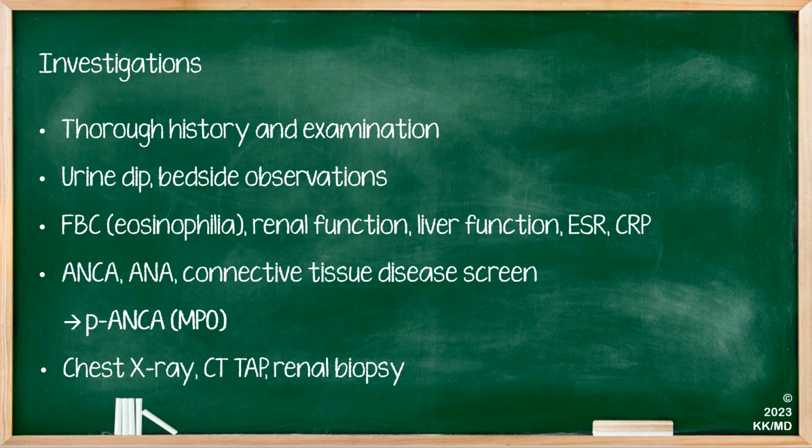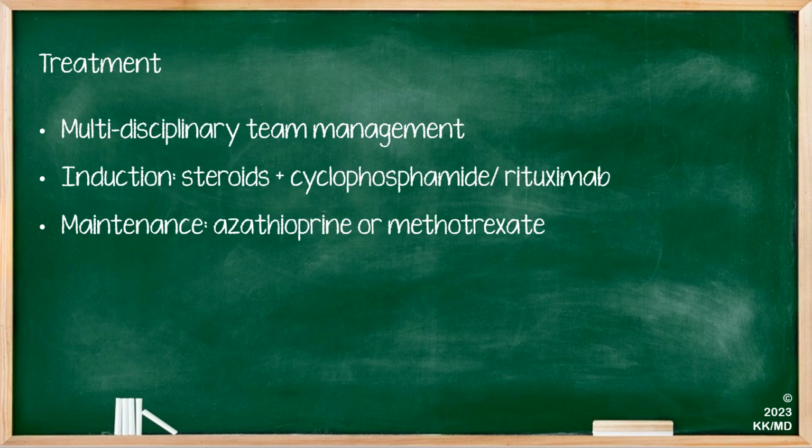In terms of imaging, these patients do tend to undergo a wide range of imaging, but in the first instance, you'd be looking to do a chest x-ray, particularly in someone presenting with pulmonary manifestations. A CT TAP can be undertaken as well, or a CT chest if the symptoms are very much within the chest area. And finally, a renal biopsy can be really helpful in clinching the diagnosis.